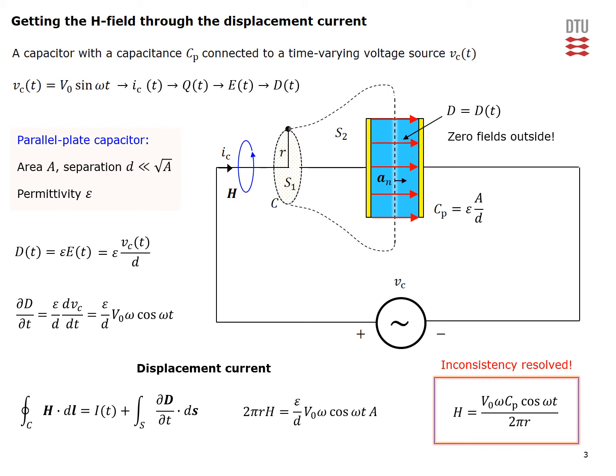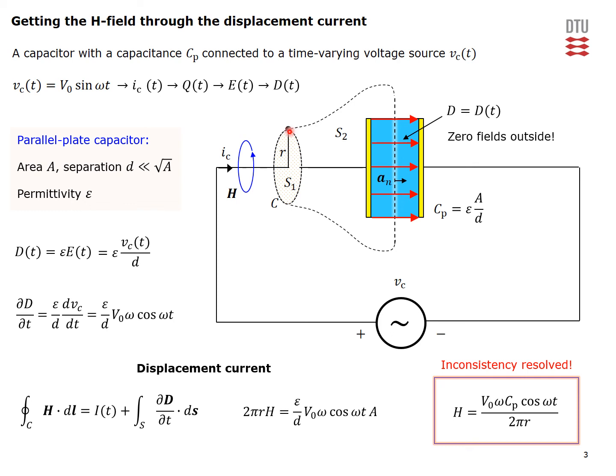So we can see how Ampere-Maxwell's law, or more particularly this displacement current term, is actually resolving the inconsistency in Ampere's law as discussed on the previous slide.